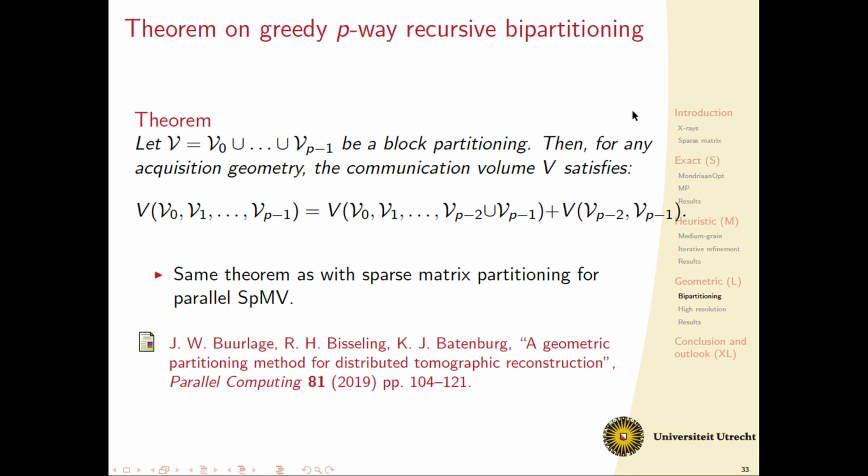So that means that we can greedily just split it into 2. We don't have to worry about the decisions that we've taken already. This doesn't mean that if you do it optimally every split, then the final result is optimal. We don't have the foresight in such a greedy procedure.